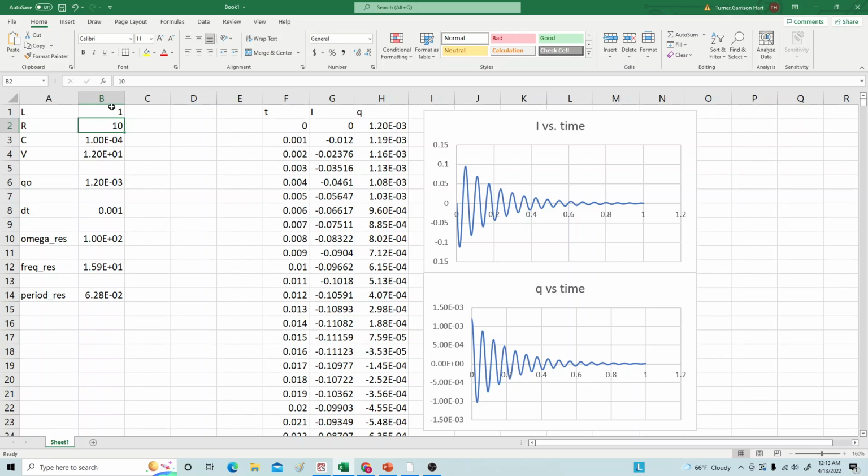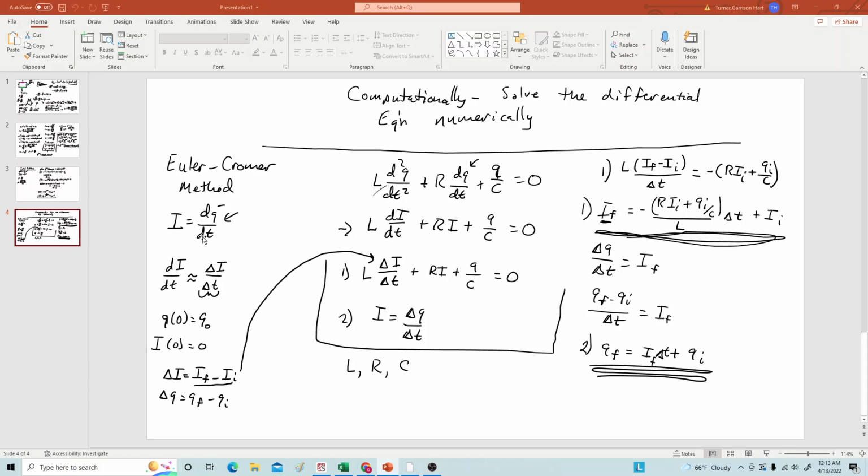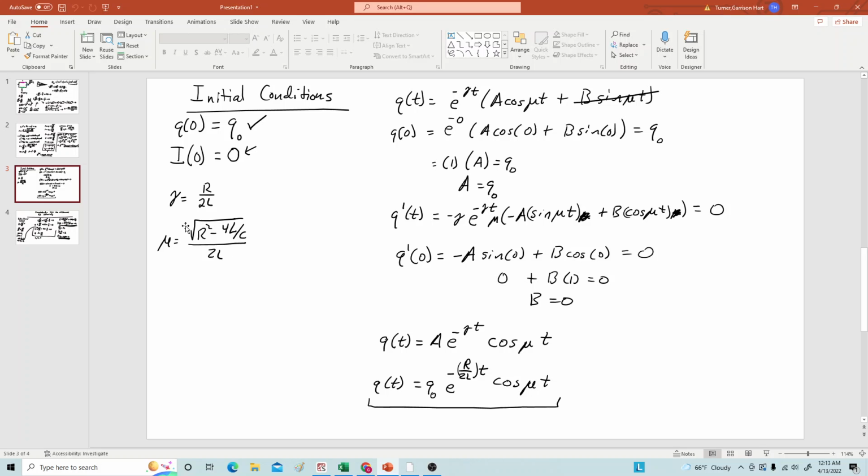But in any case, one more thing that you might want to calculate, if you come back to this expression, is the critical value.